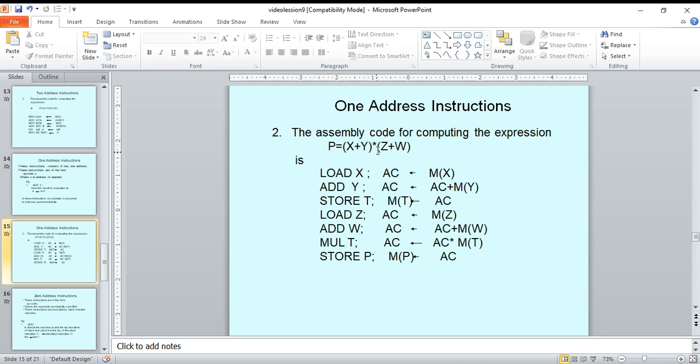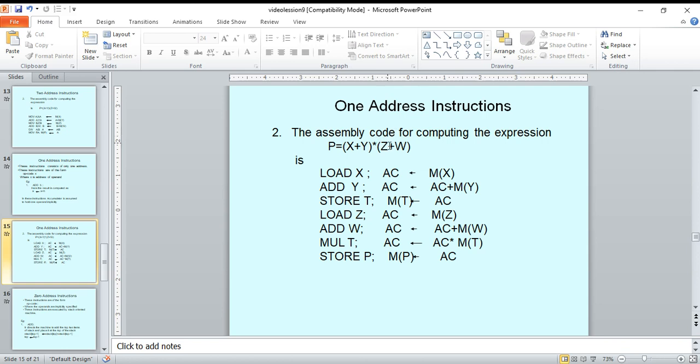Then after, we have to perform this z plus w. Here we couldn't perform the addition like M of z plus M of w. Why? Because it is only a one address instruction format. Before performing this, the first operand value must be placed into the accumulator register.